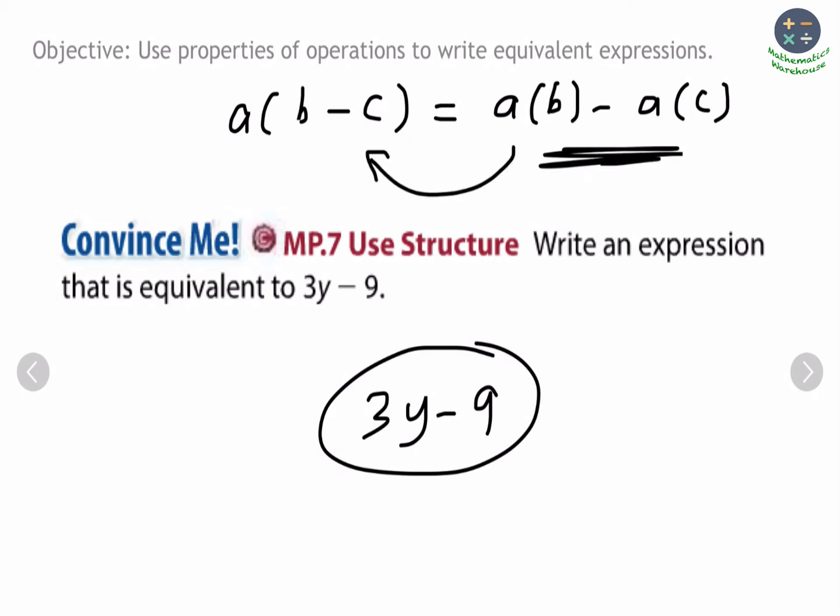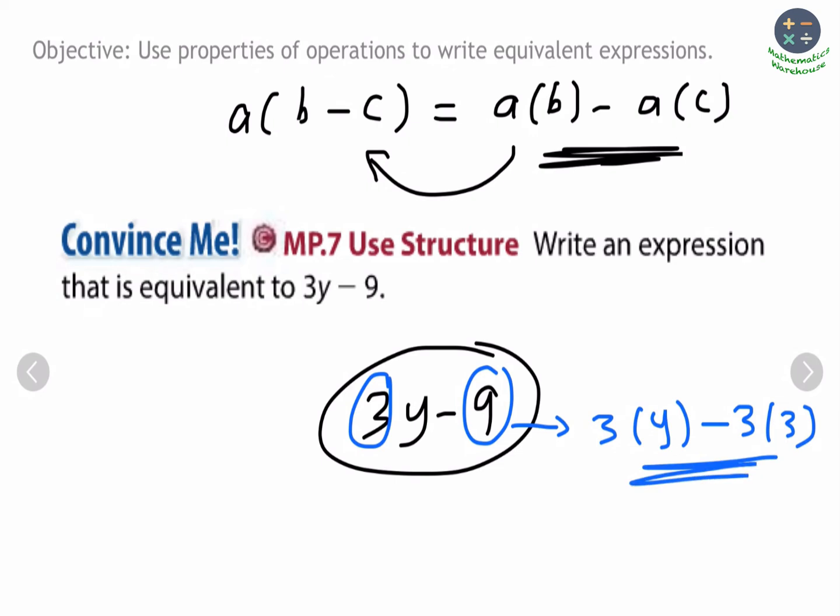How? You can notice that 3 and 9 both have a common factor, which is 3. So we can take 3 as a common factor, and rewrite this as 3 times y minus 3 times 3.